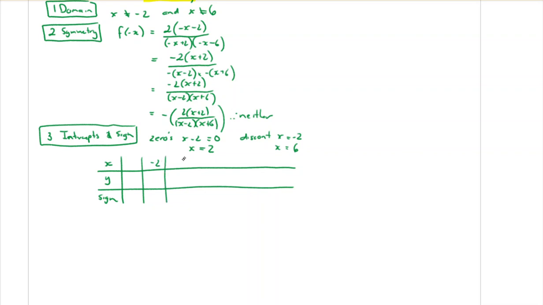Then I had a +2, and then I had a 6. They were my 3 values that I found for x. The discontinuous points, you can just put stars in those ones now. And 2 is the 0. All right, I need to pick values in between.